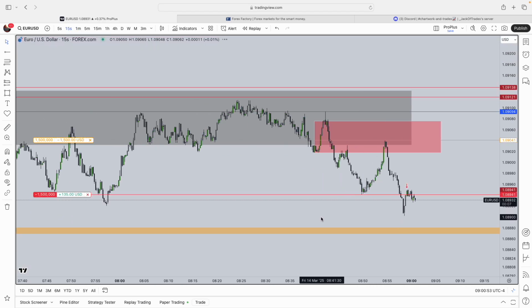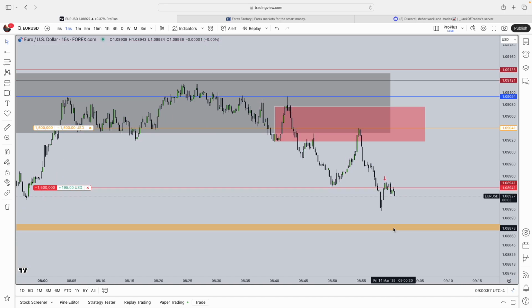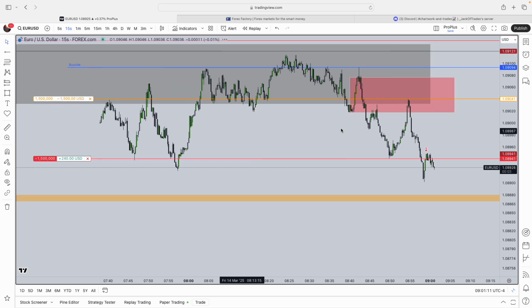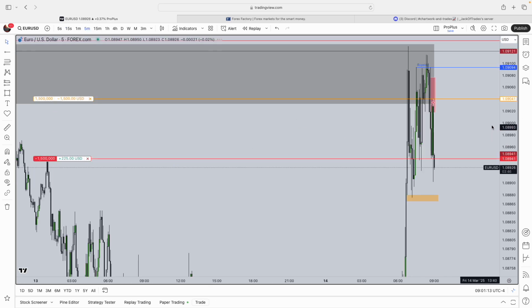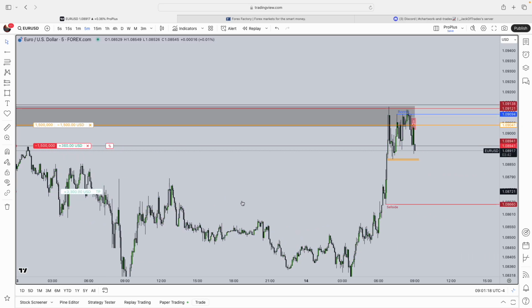I will speed up for you guys so I keep this one going, and this is my actual trade as well. This is a paper trade on here, but on my phone it's actually a trade. So yeah, I will speed up for you guys. This is my stop above here in my phone as well, and my take profit is actually down here.